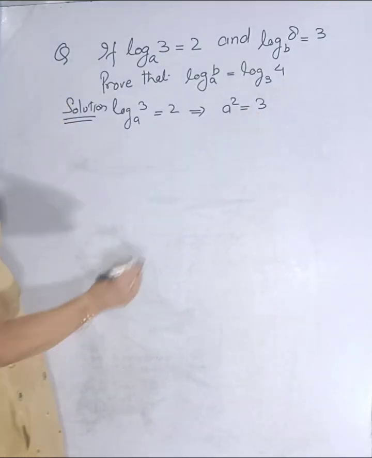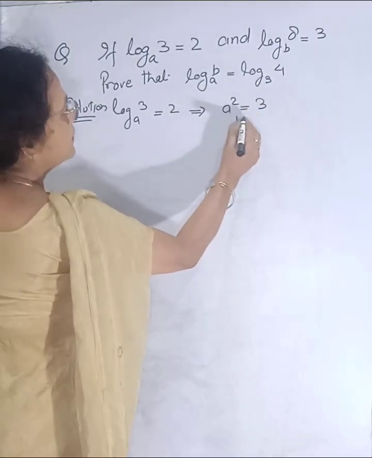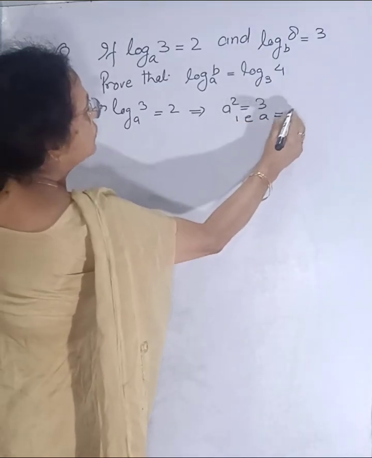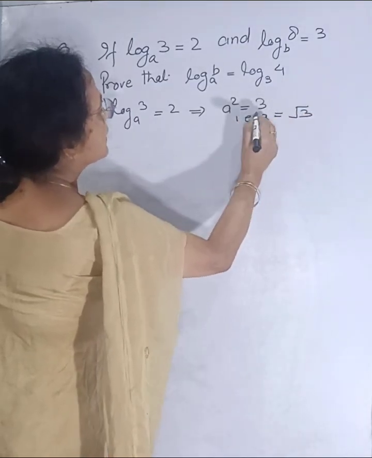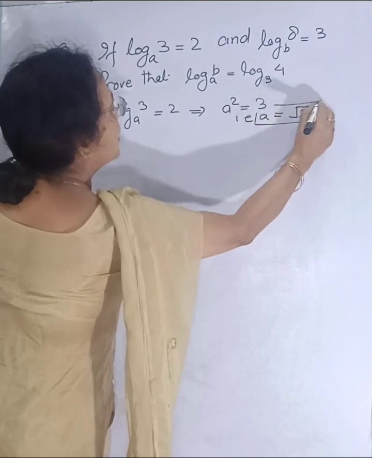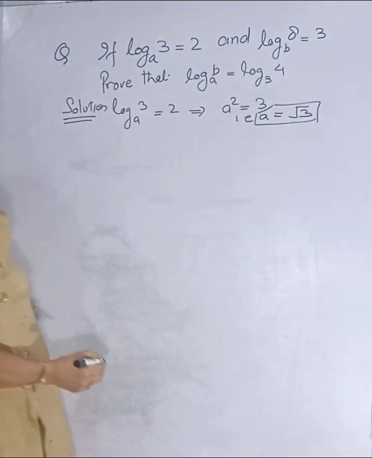Clear? It means that a is equal to root of 3. That is notable. इसको नोट कर दीजिए.